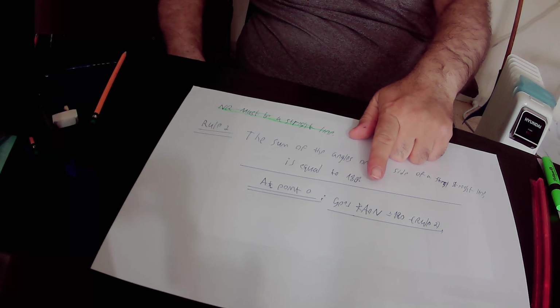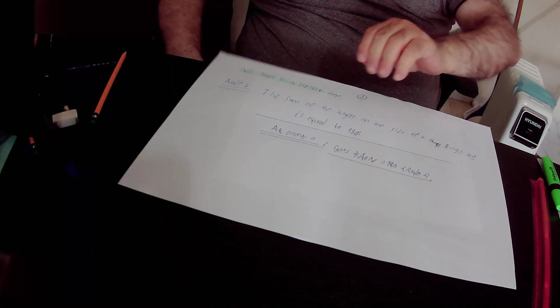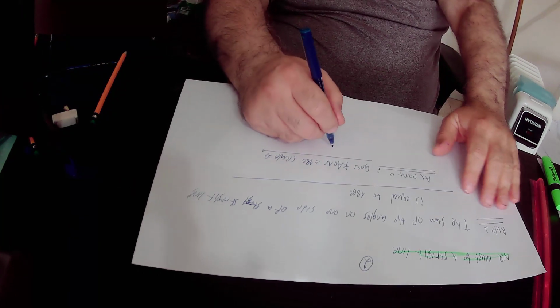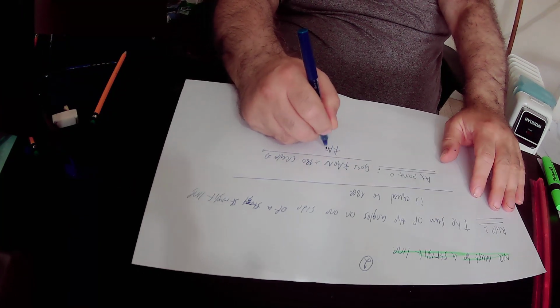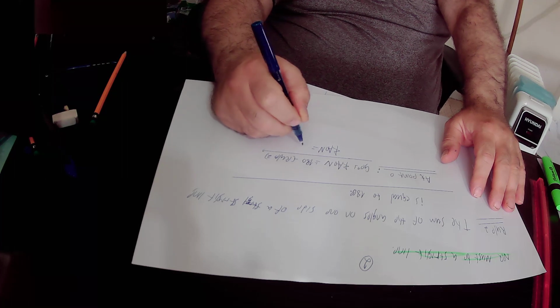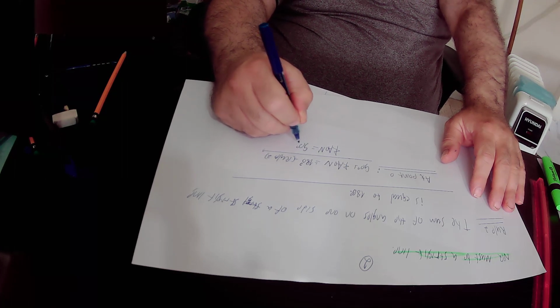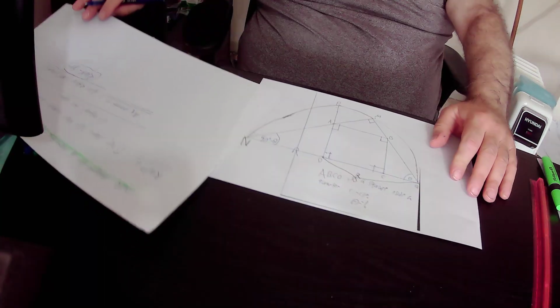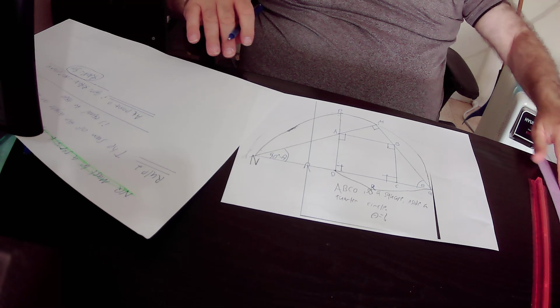In total, the sum of those two angles must be equal to 180 degrees. We subtract 90 degrees from this equation, and we get that angle AON is equal to 180 degrees minus 90 degrees, it is 90 degrees. So we found out that this angle is a right angle, it is equal to 90 degrees.